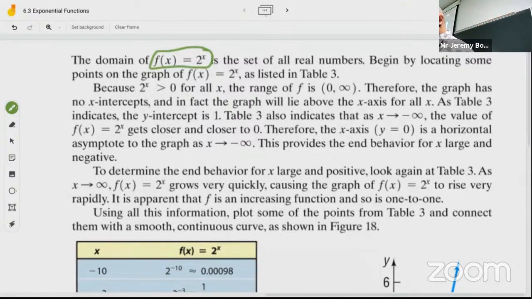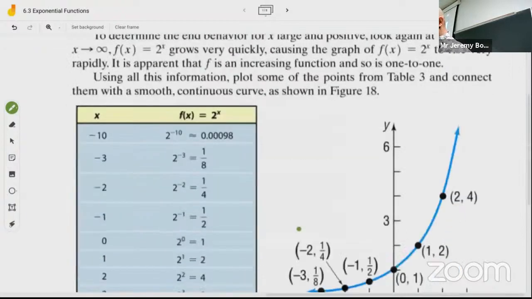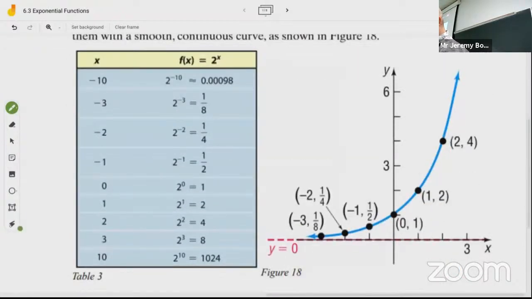That's some of the stuff you have to look for to get a feel for it. If we look at these, we could get some values. I already have the values here, but you can do it in your calculator. 2 raised to the negative 10 gives you 0.00098, a very small decimal.